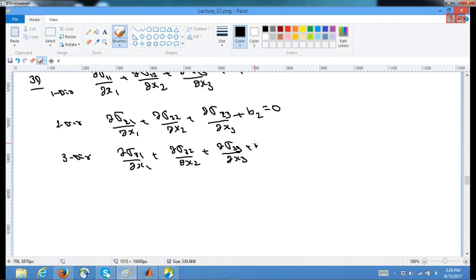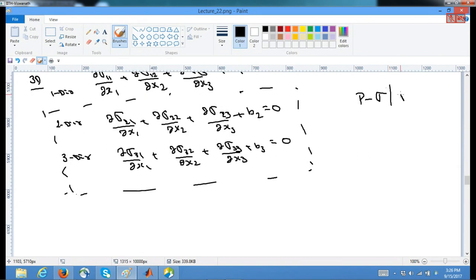But if it is two-dimensional, then the second and third directions are by default satisfied, because as we saw earlier, for the plane stress or plane strain condition, sigma 1 3 and sigma 2 3 equal 0.